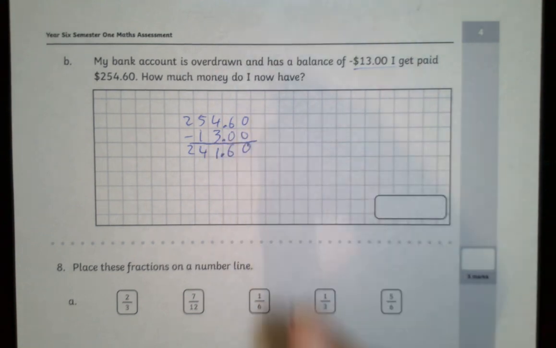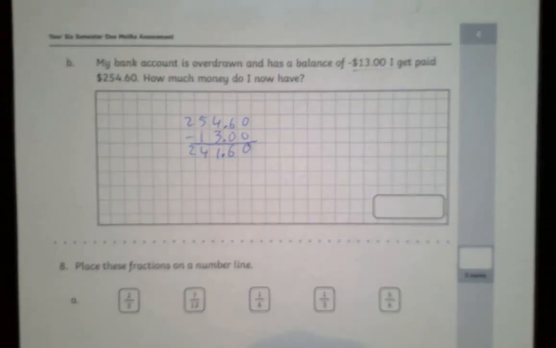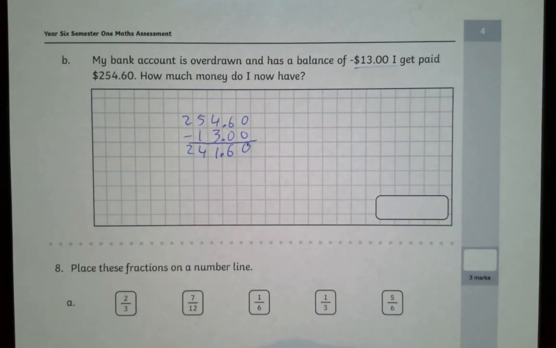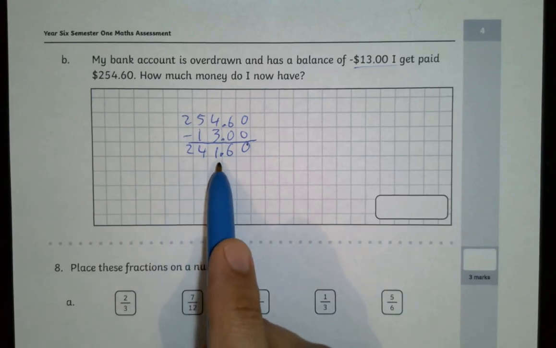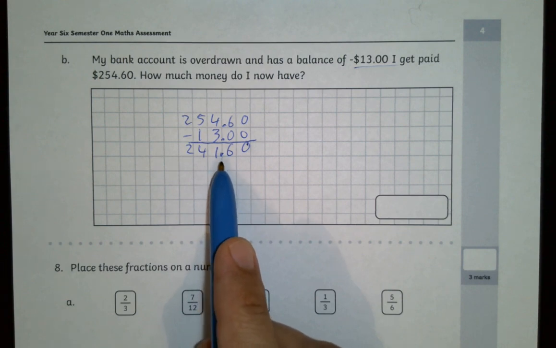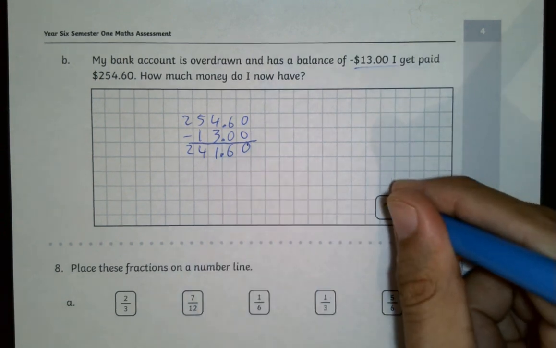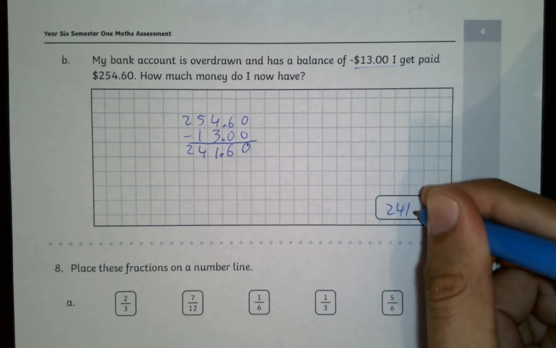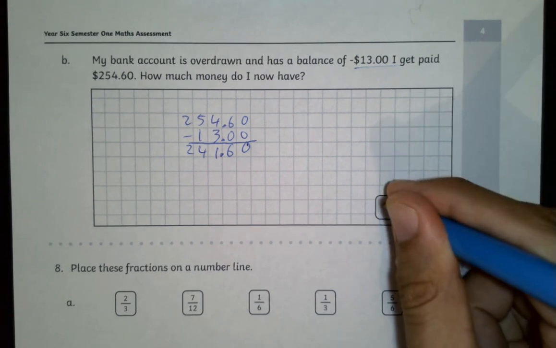So once we take off the $13, like we put that into the account, we'll be at $0. And then we'll have $241.60 left. So you add that on top of your zero, and you'll get $241.60.